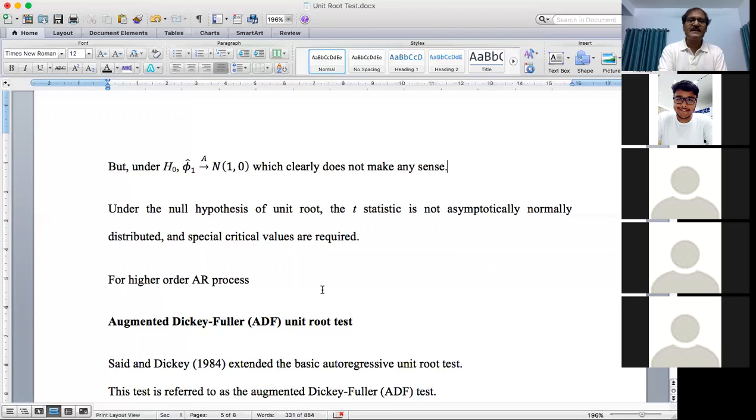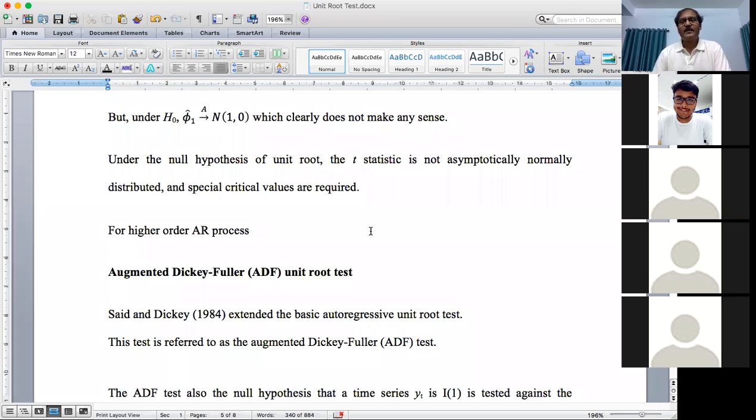Later on, after a lot of exercise, some people derived a new kind of statistics by examining the random behavior of phi 1 hat, and reached the conclusion that phi 1 hat follows a distribution that is not exactly the t distribution, but a t type of distribution.